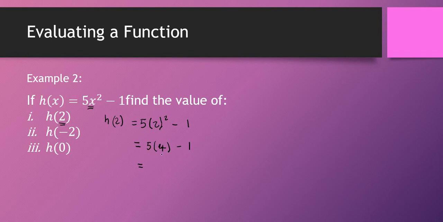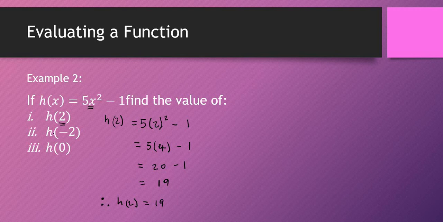So 5 bracket 4 implies 5 times 4. So 5 times 4, that is going to give us 20. Minus 1. And 20 minus 1 will give us 19. So therefore, we know that h of 2 is equal to 19.